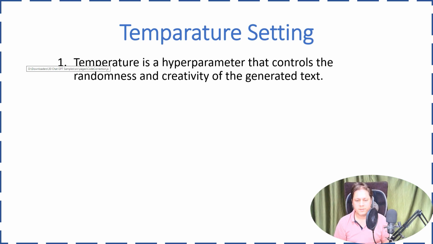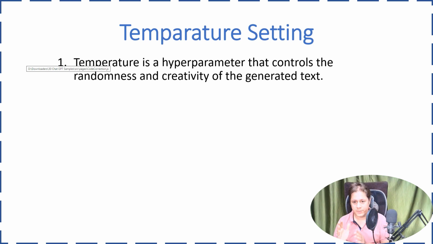It steps by 0.1: 0, 0.1, 0.2, 0.3 up to 1. If it is 1, it will do many experiments and return variations in the results. If it is 0, it will be stable.